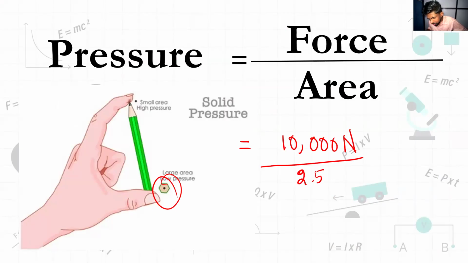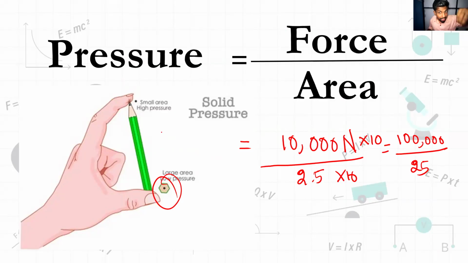Most of the students got scared of this question because of the decimal. There's no need to worry about the decimal. We'll multiply this one by 10. And we'll multiply this one by 10 as well. So now you will get the answer, 100,000, that is 1 lakh over 25. Okay, some of them have sent me the wrong answer. I think they have made the mistake in the 2.5 part.